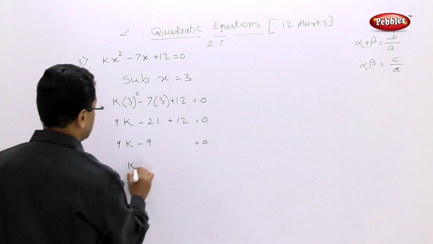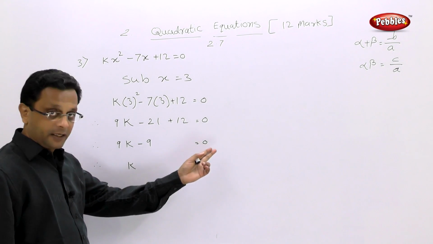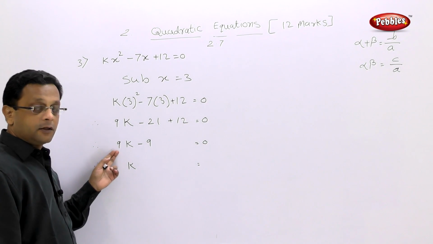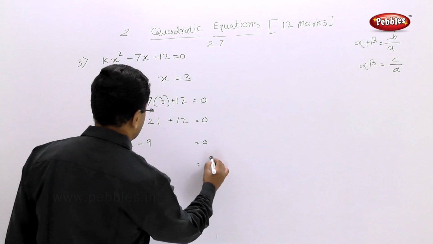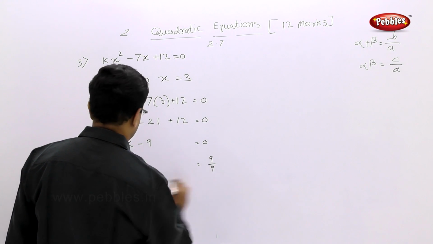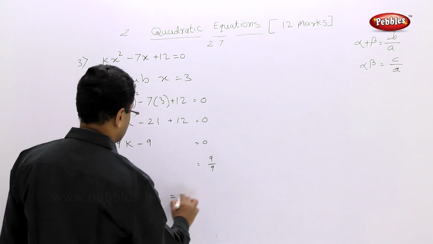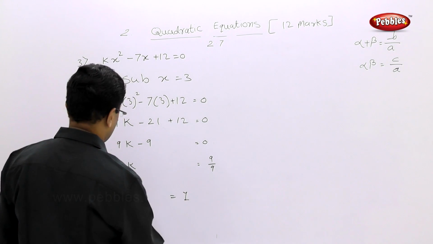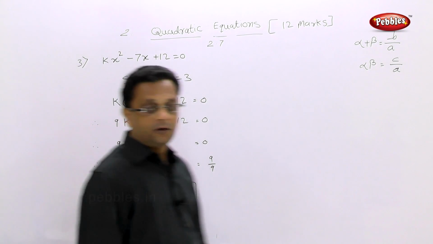Hence k is equal to, this minus 9 will go that side and become 9, and this 9 is a multiplier here, it will go as a divisor, so it will be 9 upon 9. Hence k is equal to 1. This is the answer of this problem.